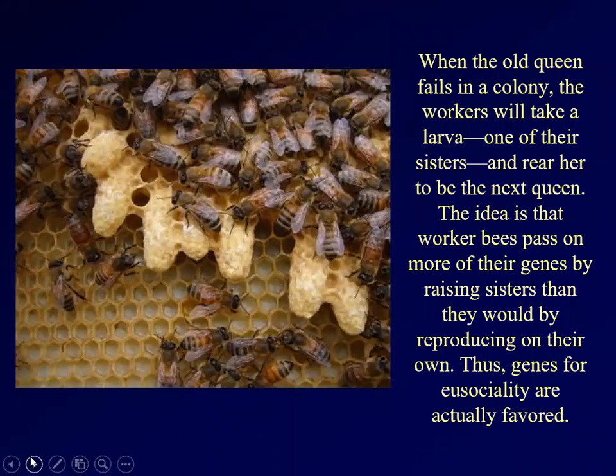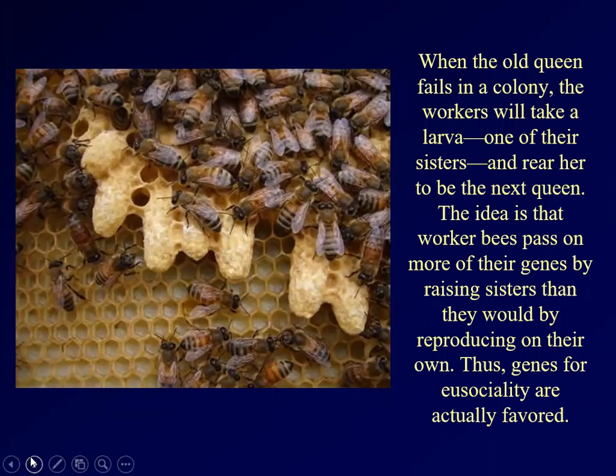When the old queen fails in a colony, as she sometimes does after 2 years of pumping out eggs, the workers will take one of their own sisters and raise her up to be the next queen.